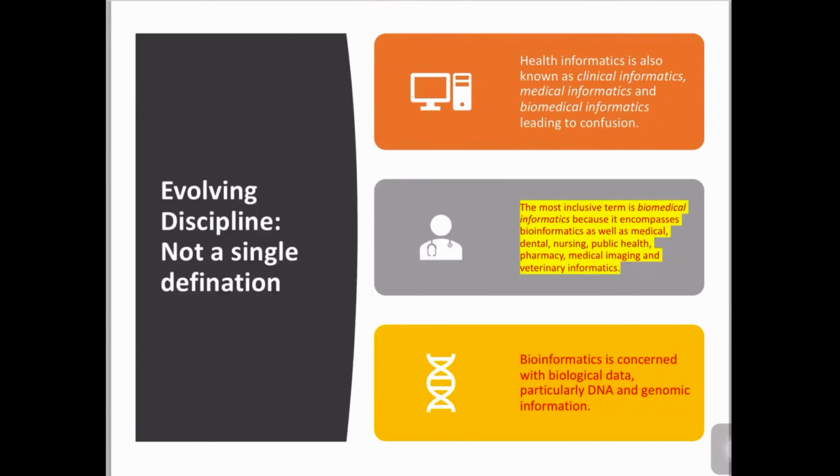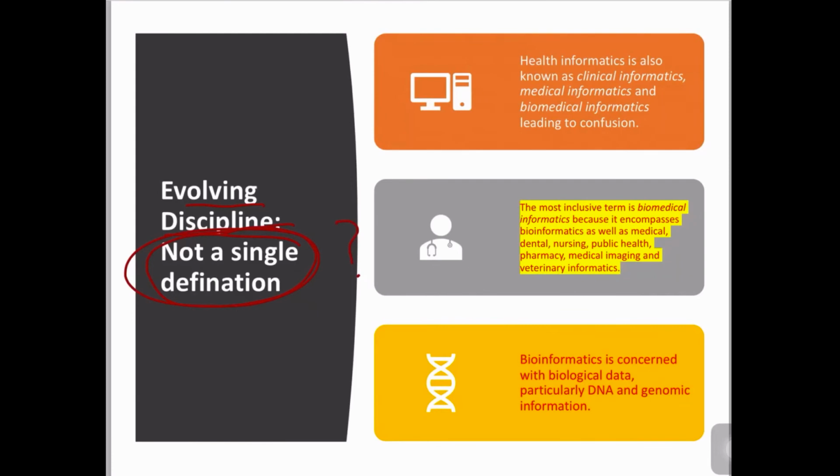Okay, now as I said, this is an evolving discipline, and that's why we don't have one definition. Sometimes it causes some confusion for beginners, but this is how things evolve. At the beginning things are blurry and fuzzy, but with time, more and more people will learn and study biomedical healthcare informatics.